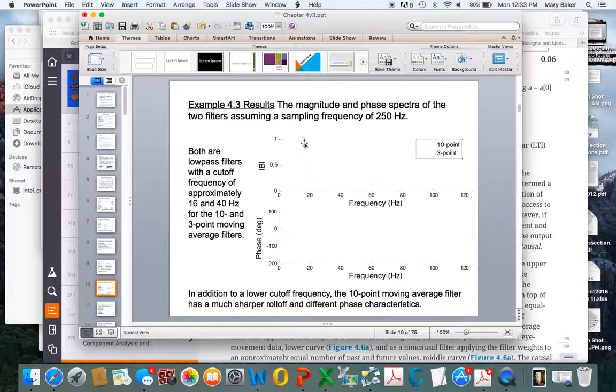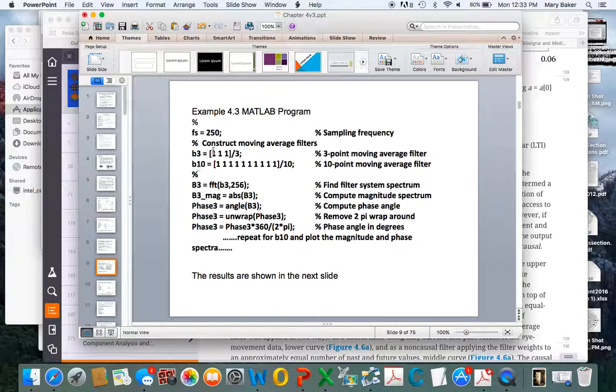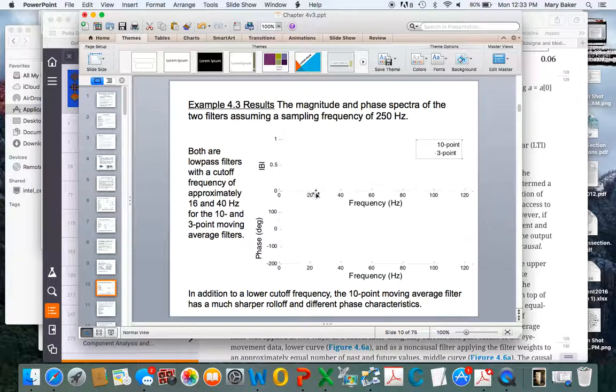You would like the shape to look more rectangular. So in order to have that shape look rectangular in the frequency domain, you have to know what the time domain characteristics of that filter look like. And it's probably not 1/3, 1/3, 1/3, because 1/3, 1/3, 1/3 in the frequency spectrum gives you this. So a lot of time and energy are put in this chapter into explaining how, given a desired design in the frequency domain, you then figure out what those weights are in the time domain.